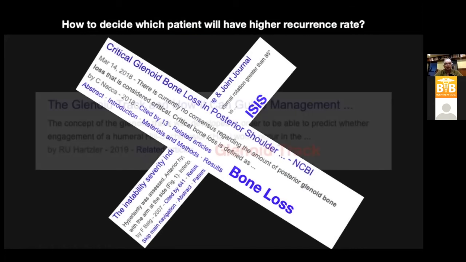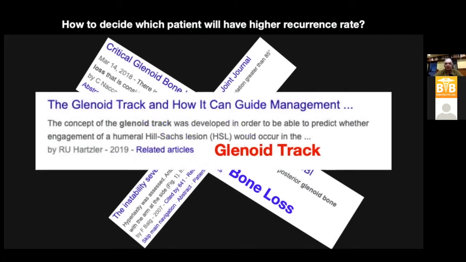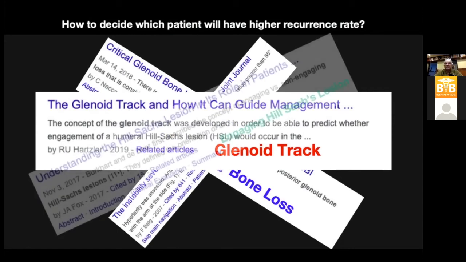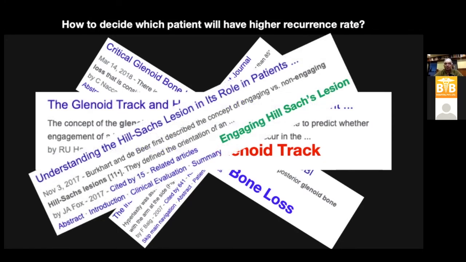Some people talk about Itoi and the Giovanni group. They talked about the glenoid track to decide whether remplissage has to be done or not. And then engaging or non-engaging Hill-Sachs lesion for treatment of the Hill-Sachs lesion. These are again controversial.